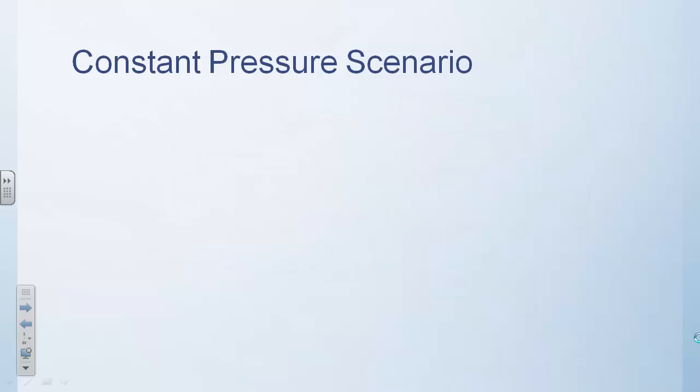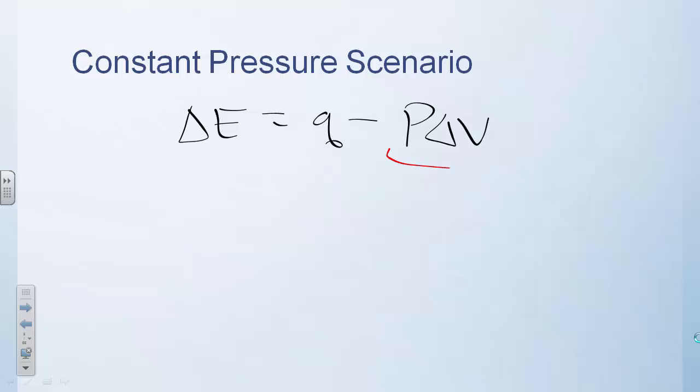what we call a constant pressure scenario. Again, if we start from the same launching off place and say that delta E is equal to Q minus P delta V, well, if we can no longer assume that the volume is constant, then this term no longer drops out. So we have to think about the amount of work that's done.